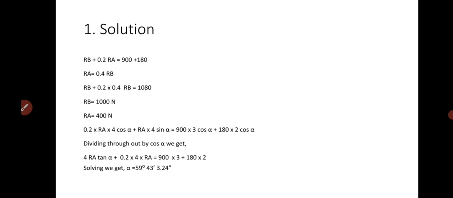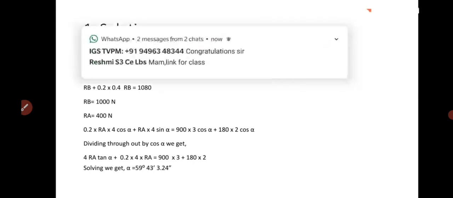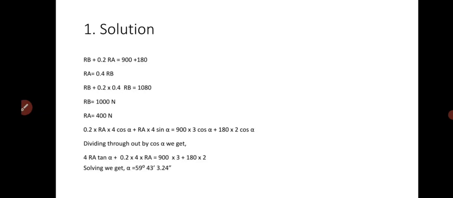Okay. Now after getting this, since there is cos theta, sin theta in this equation, it is easy to just divide throughout by cos theta. So you will get the equation 4 RA into tan theta plus 0.2 into 4 into RA equal to 900 into 3 plus 180 into 2.